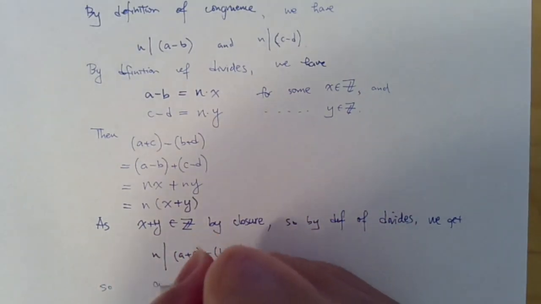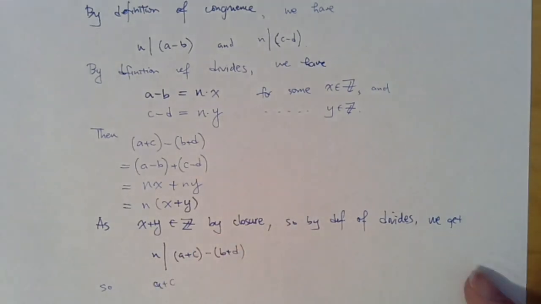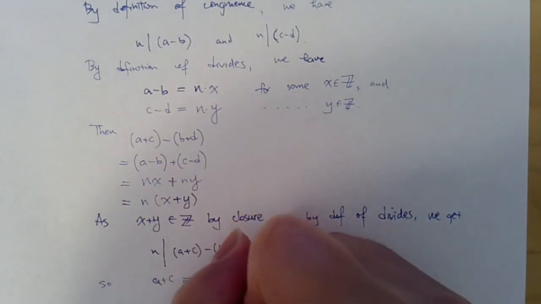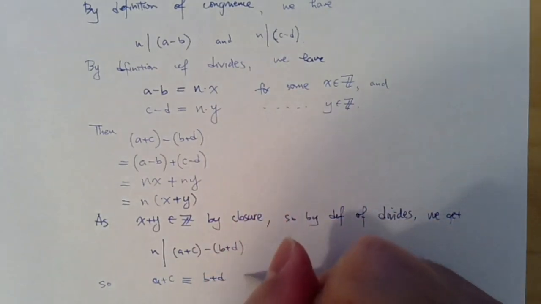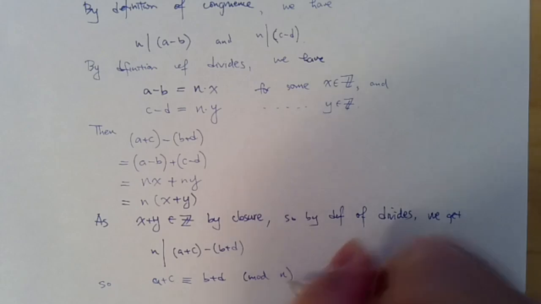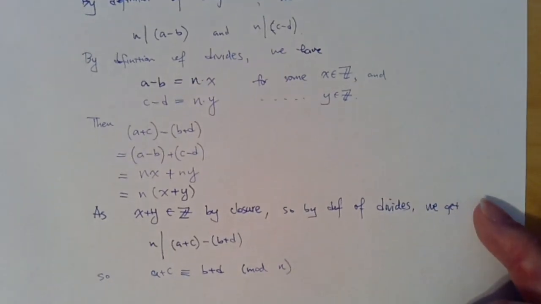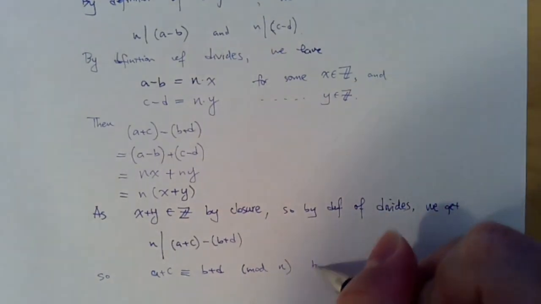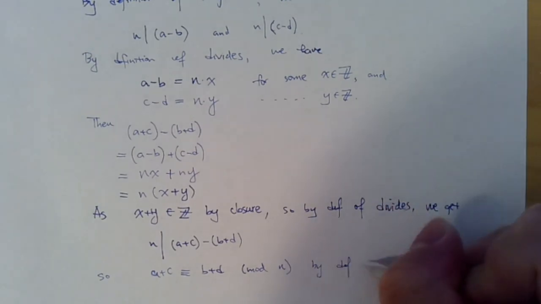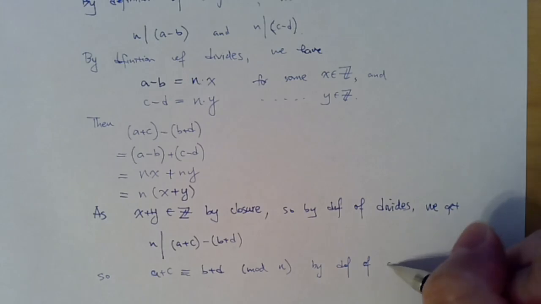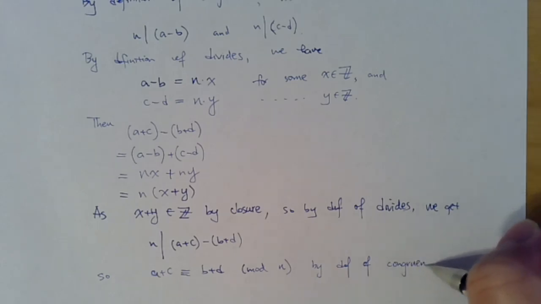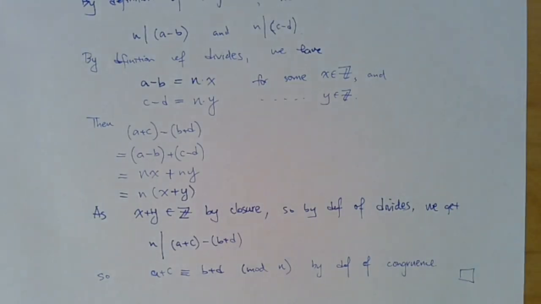So a plus c is congruent to b plus d mod n, by definition of congruence. And we're done.